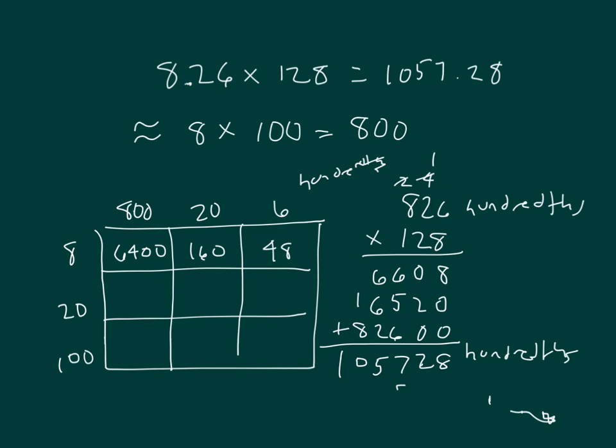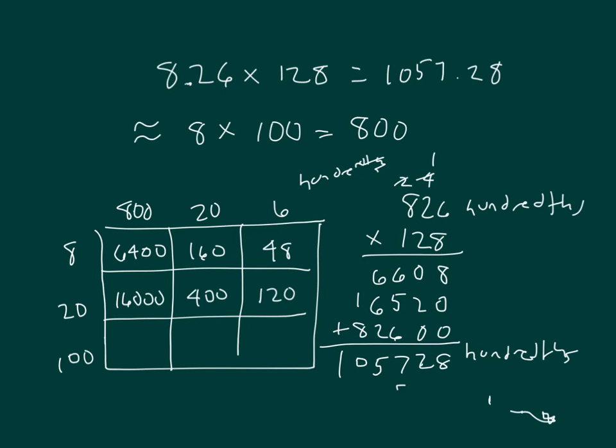Continuing that, 800 times 20, 3 zeros, 16,000. 20 times 20 is 400, and 20 times 6 is 120. Adding those together, that's 16,520. And that matches in my standard algorithm as well.